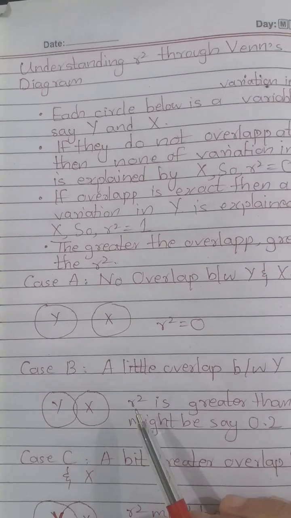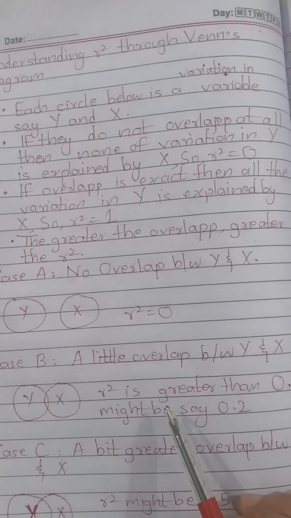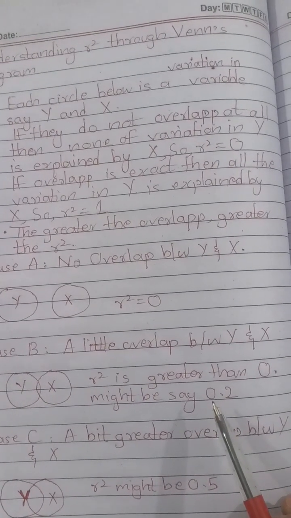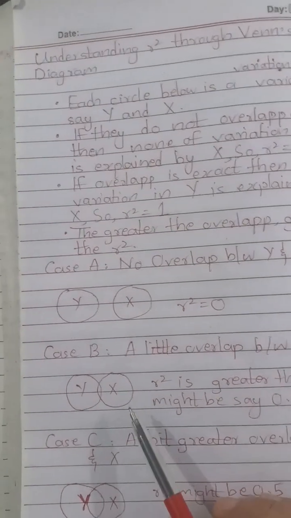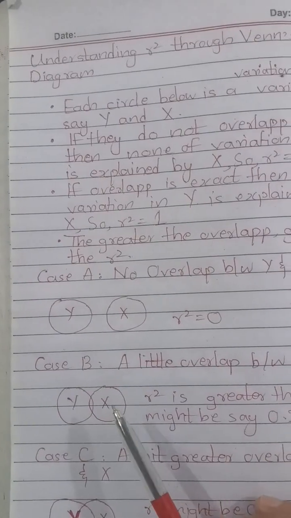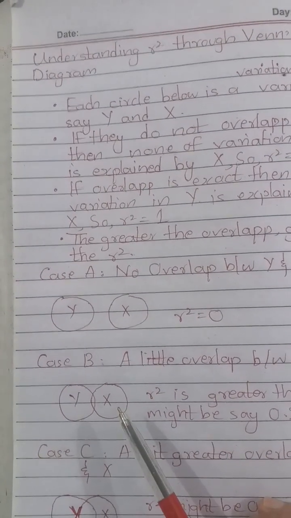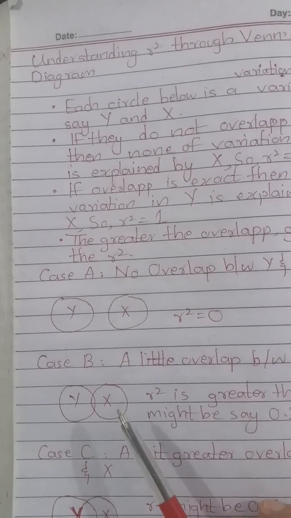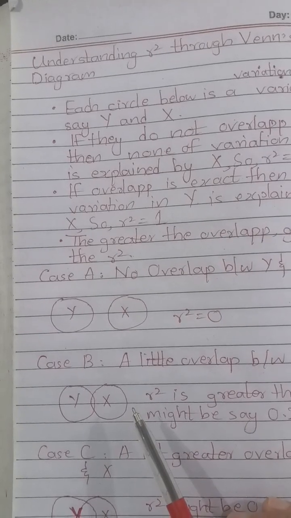So the R square would be very close to 0, maybe 0.1, 0.2, 0.3, but it would be low because the overlap between y and x is very small. The greater the overlap, the greater the R square. The greater the overlap, the greater the variation in y explained by x. The lower the overlap, the lower the variation in y explained by x.